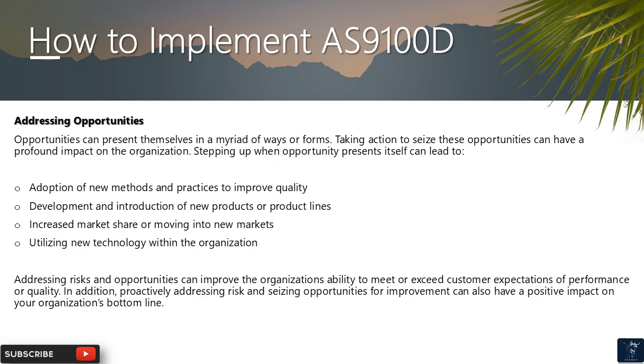Increased market share or moving into new markets. Utilizing new technology within the organization. Addressing risks and opportunities can improve the organization's ability to meet or exceed customer expectations of performance or quality. In addition, proactively addressing risk and seizing opportunities for improvement can also have a positive impact on your organization's bottom line.